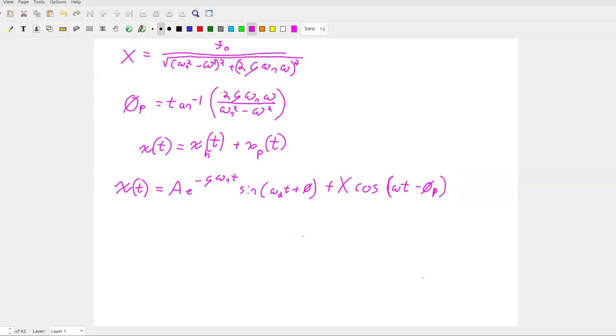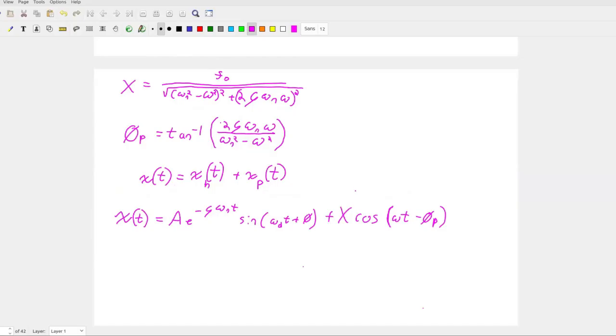And that is my full solution. And so if you don't write much down, at least write that down. And that's a full temporal solution of our system.